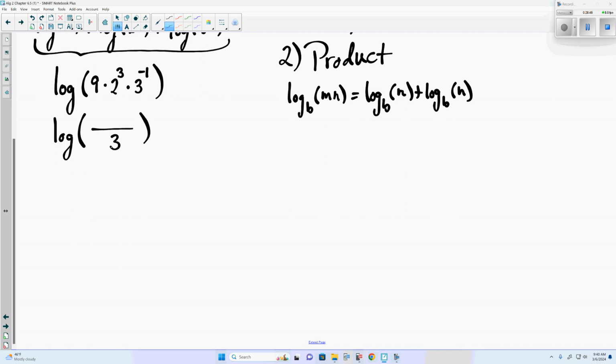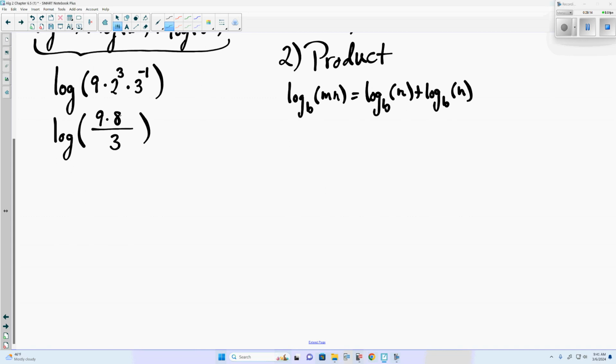3 on bottom. Now we do need to simplify 2 to the 3rd. Well, the calculator will do that, or 8. Well, we have 9 times 8 over 3, yes? There's 2 things we can do from here, because that simplifies, yes?